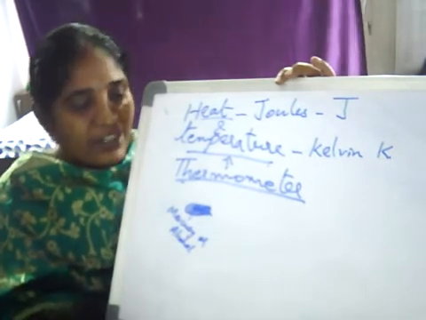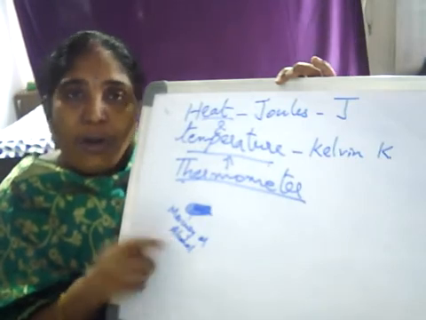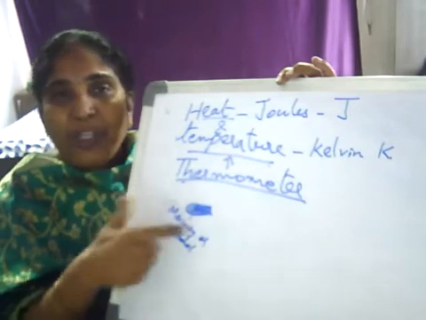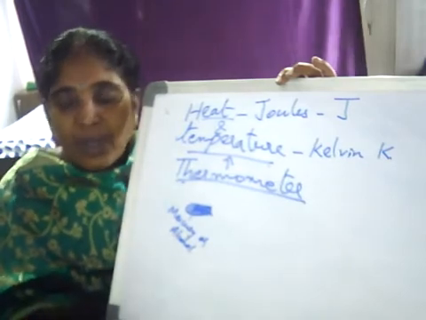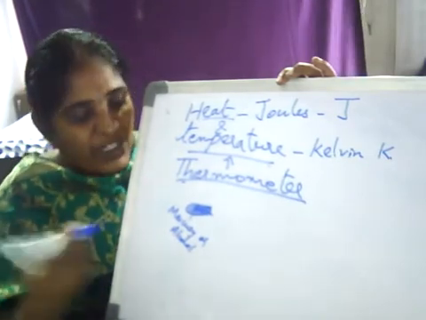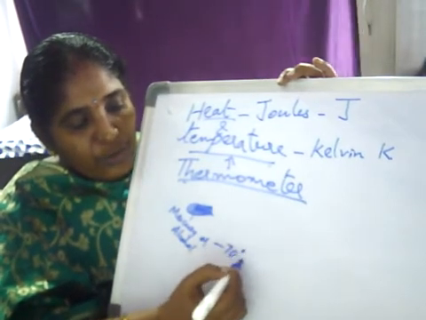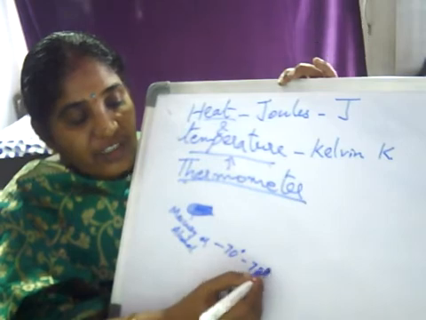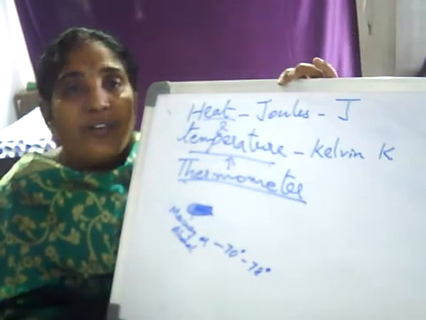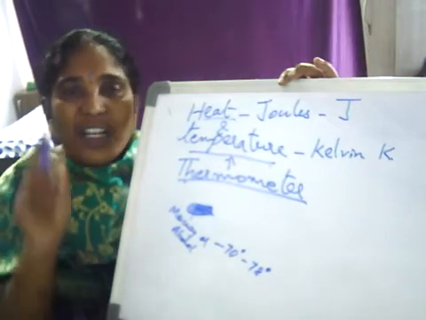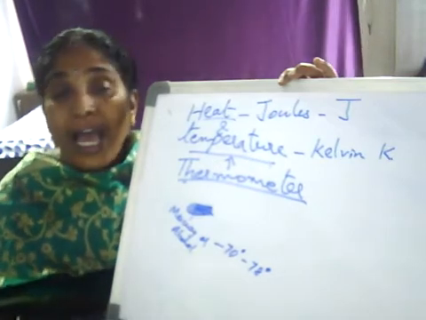So that's the reason we prefer alcohol in some thermometers. Alcohol is cheaper than mercury. We can use it, but it can measure temperatures only from minus 70 degrees to 78 degrees. Beyond 78 degrees, it cannot record the temperature. So that is the drawback of using alcohol.